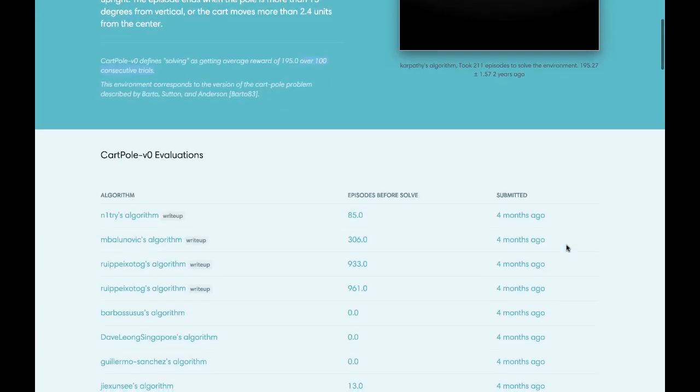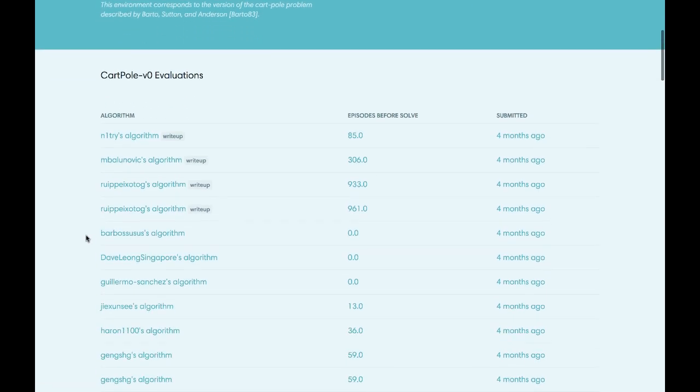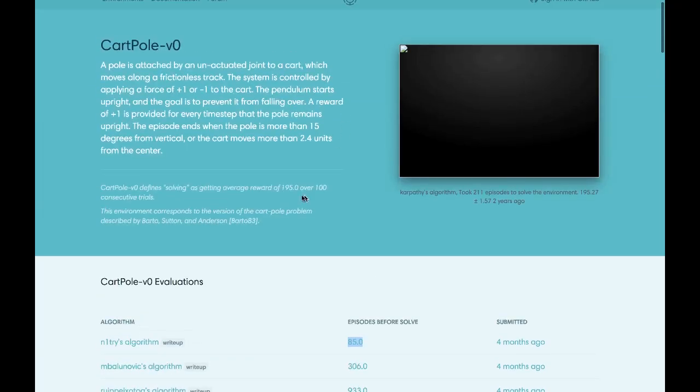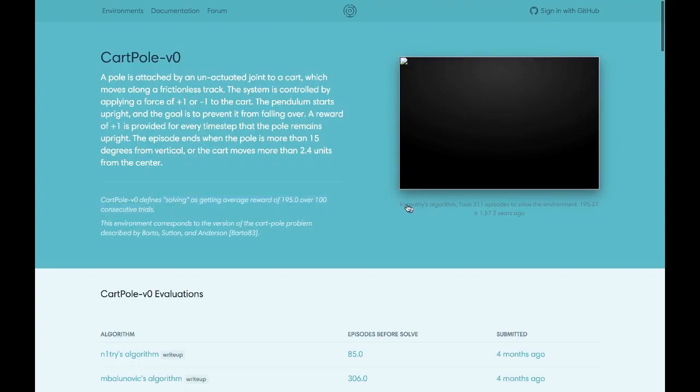So you can see people's algorithms for playing this game. Some people have solved it, and it took 85 episodes for the algorithm to become proficient at this task and be able to solve the game. Andrej Karpathy, who is a very famous deep learning researcher, 2 years ago, it took him 211 episodes to average above 195.